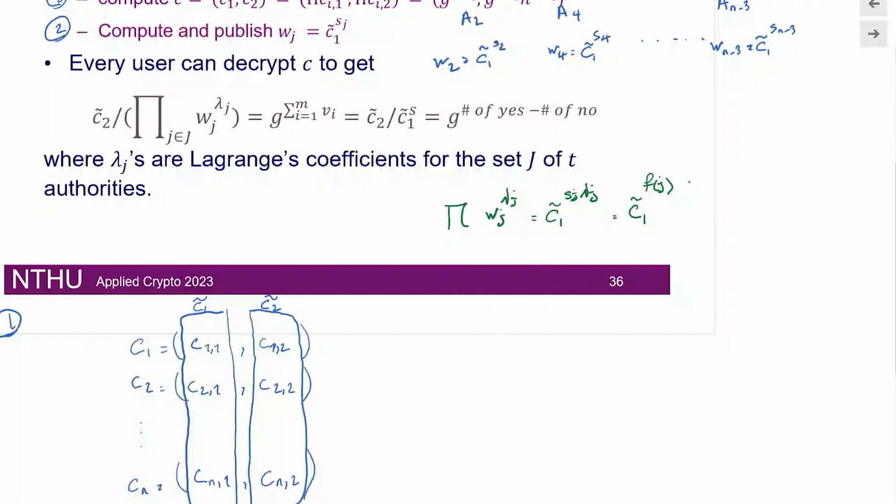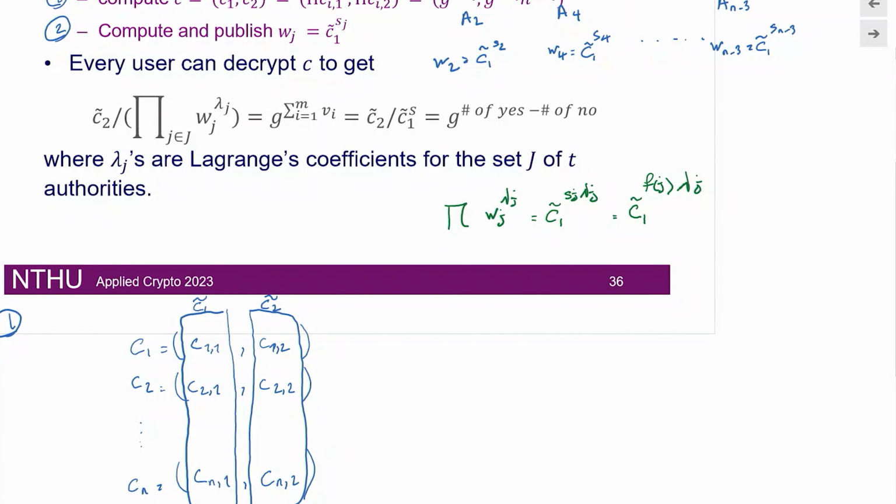If we do this multiplication and then compute f of 0, then we are basically doing the computation for retrieving the secret S. Let me put it that way.